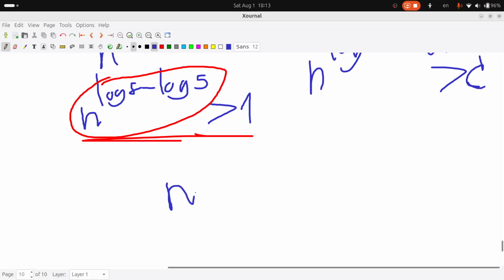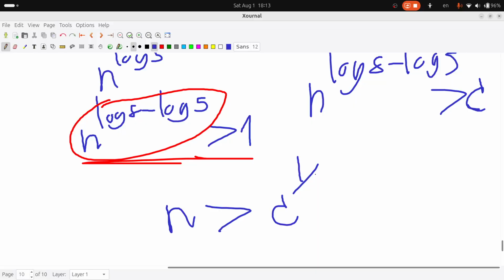And we say that n is greater than c of log n minus log 5, and here we can leave n alone, right?